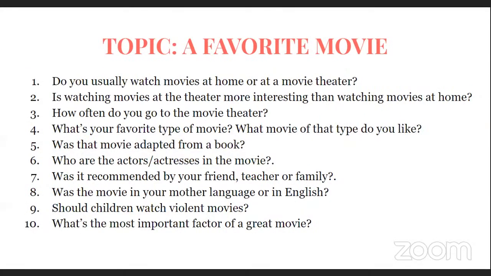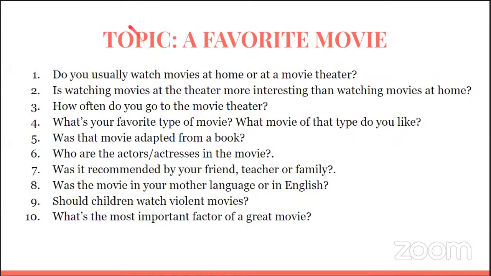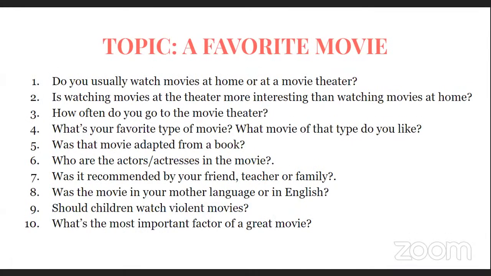The theater is interesting. All right, the theater is more interesting. I think yes, because you can see the actors and the people. I think this other feeling.